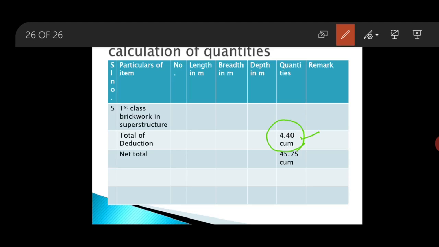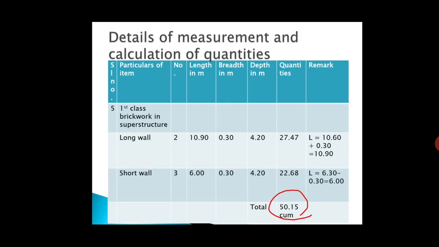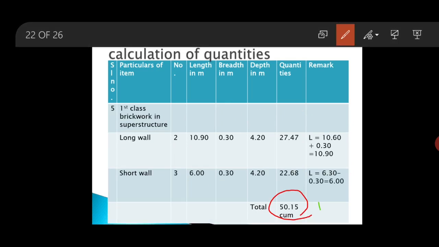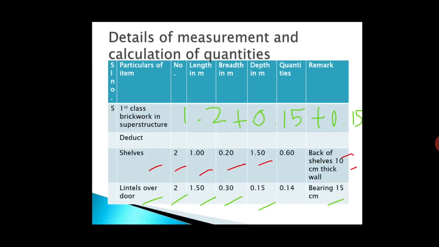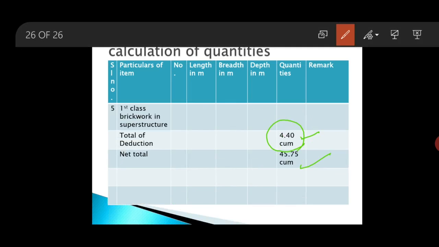So this portion is to be subtracted from the gross volume. This is the gross volume, 15.15 cubic meter. So from that, the total deduction will be subtracted in order to get the net volume. This one is the net volume.